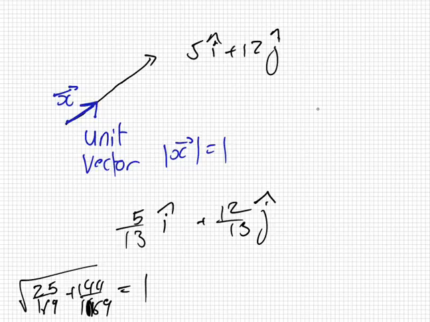And also, if you calculate the angle, what's tan inverse 12 over 5? 70 degrees or something? 67, something. And if you calculate the angle here, you see that it does have the same direction. If you do tan inverse 12 over 13 over 5 over 13, it's the same, 67. So this is how you can make a unit vector.